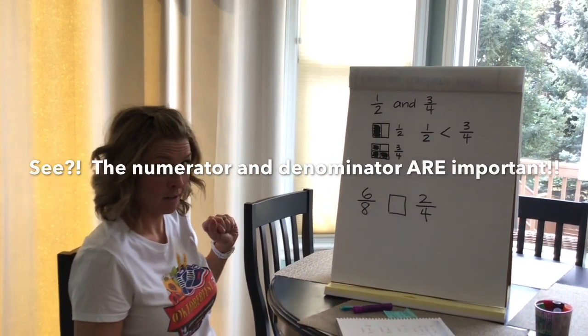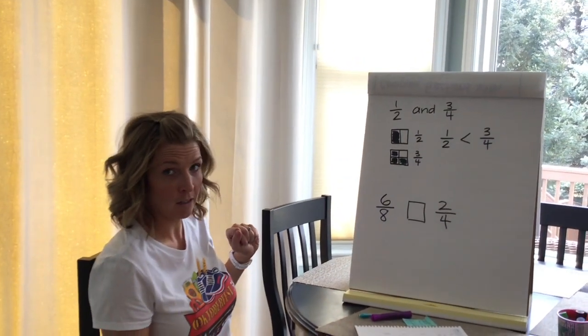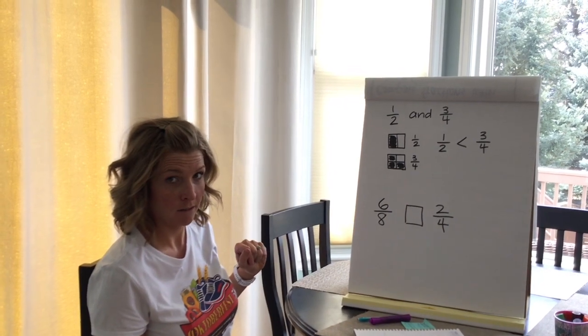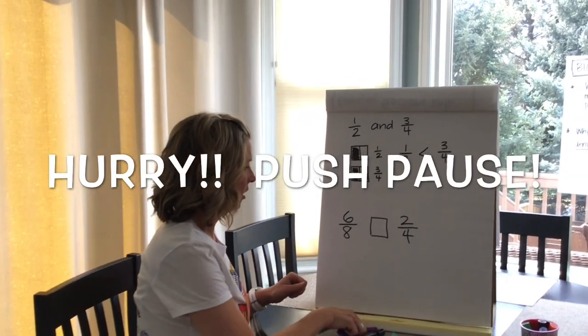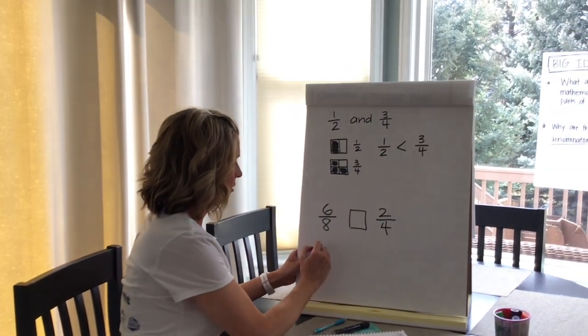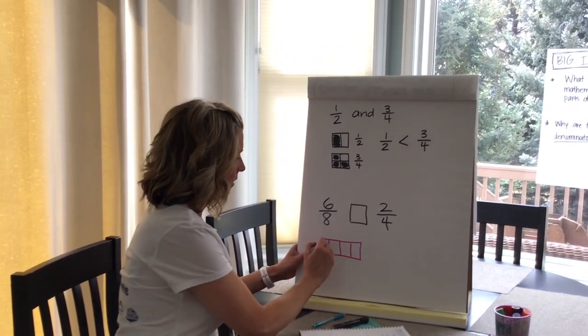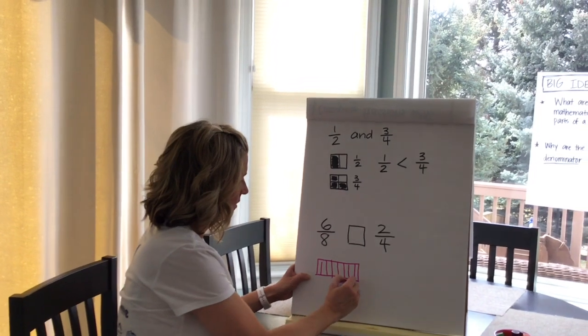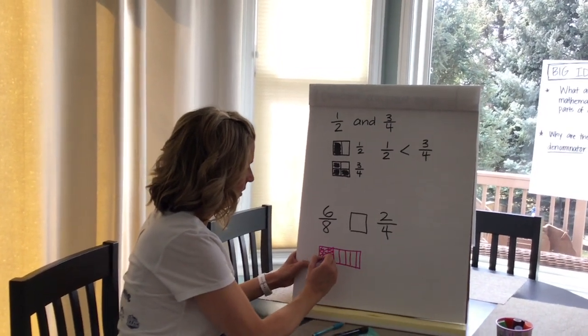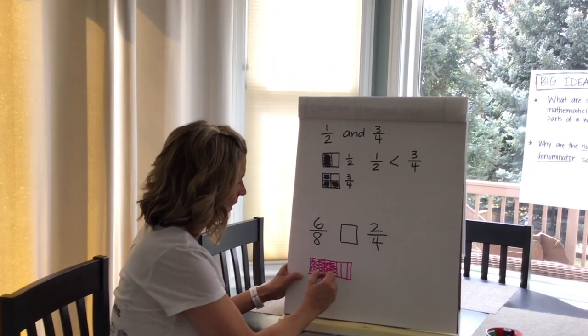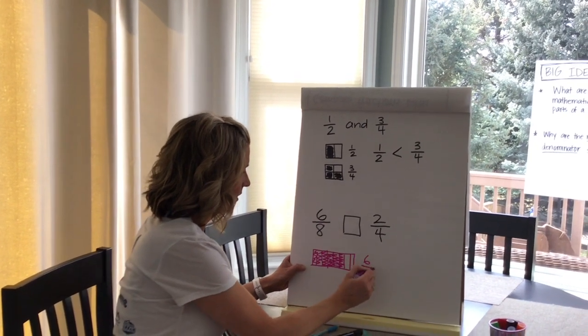We gotta hurry. Well, you don't have to hurry, because you can take as long as you want when you pause. All right, let's draw quick models real quick. Let's draw 6/8. Cut it in half. Cut those halves in half. So sloppy. 1, 2, 3, 4, 5. There's 6/8.